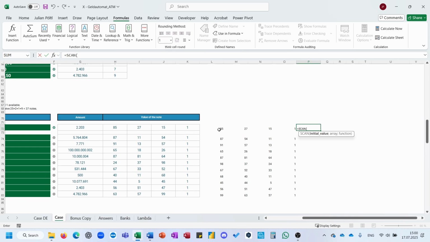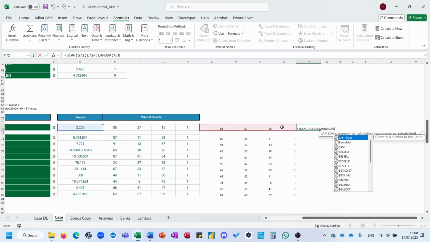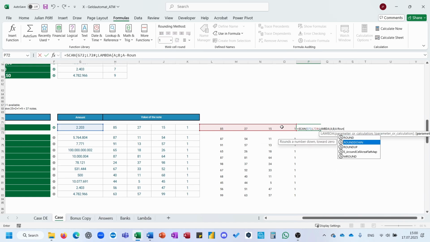So equals scan. We start with this amount. This is the array. Lambda a b: a minus round down a divided by b to the nearest number.